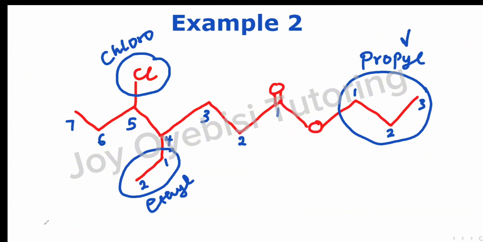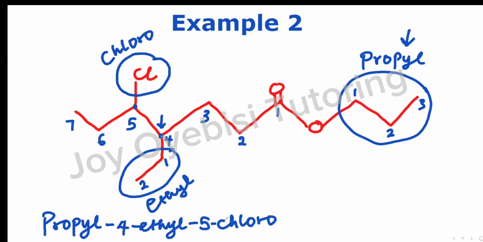So you have propyl. Now back to this one, put a hyphen. In alphabetical order now, we have ethyl first, and that is connected to carbon 4. You see this carbon here? So that will be 4-ethyl, then carbon 5, 5-chloro.